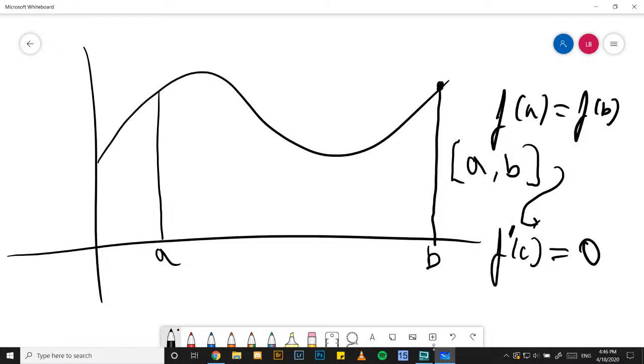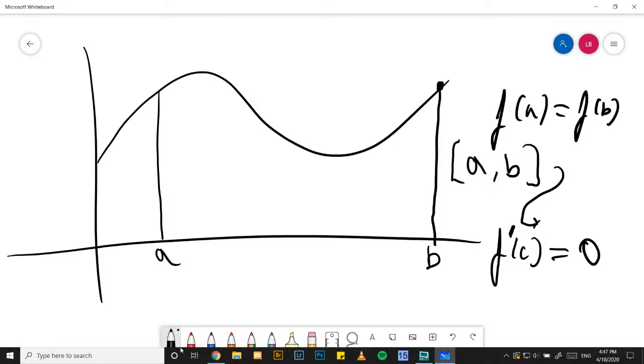Now what does this mean? It basically says that if you have 2 points on a curve which have the same y value, meaning they're the same height, then between these 2 points there exists some other point which has derivative equal to 0, which means that it's flat. And just looking at this curve, it's obvious that it's true.